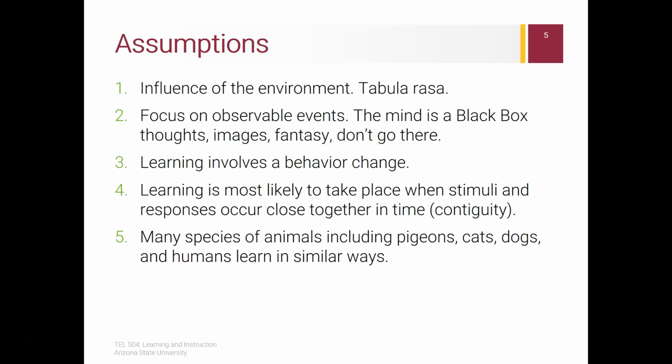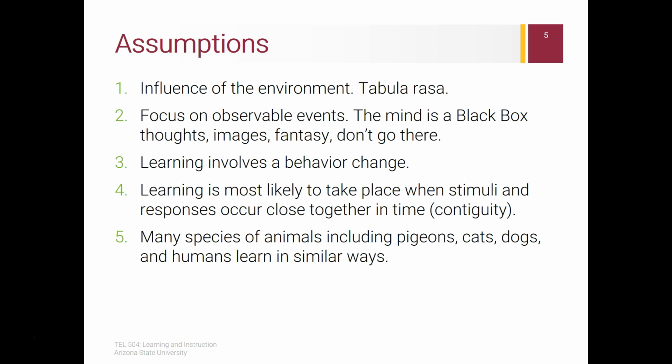They believed children were born tabula rasa, a blank slate, and that the environment wrote on that blank slate to cause behaviors. They focused on observable events. They thought that to understand learning, you had to see it. The mind was a black box, and so thoughts, images, fantasies, they didn't want to go there. They didn't want to ask people about those things. They just wanted to observe behaviors.